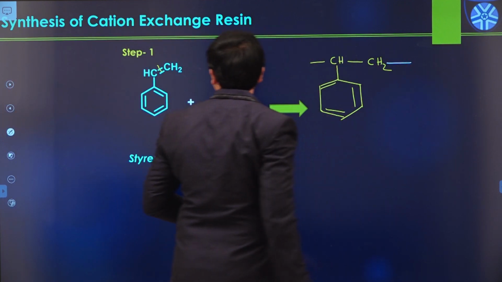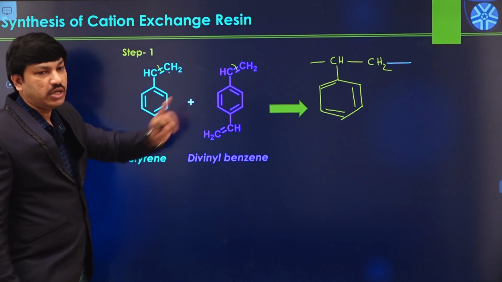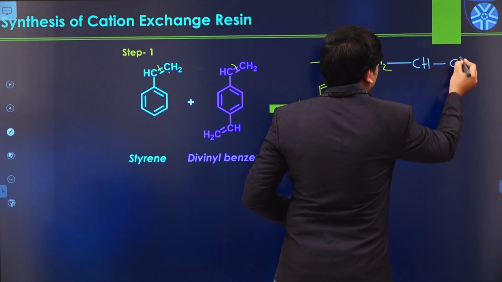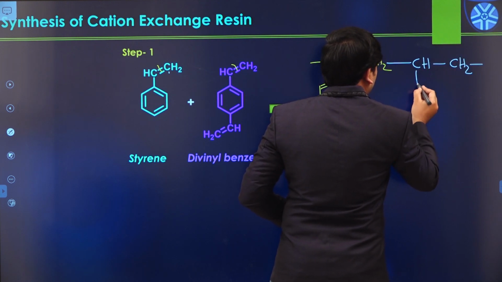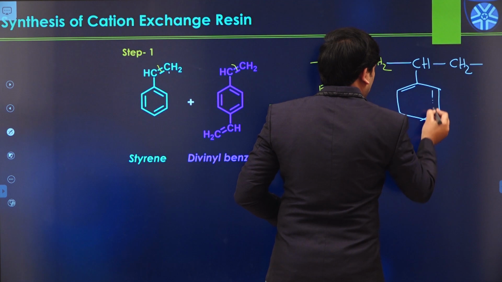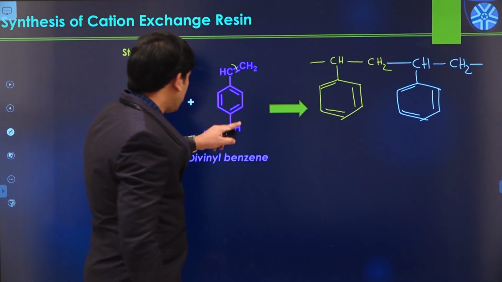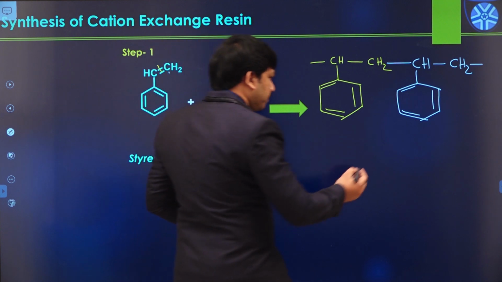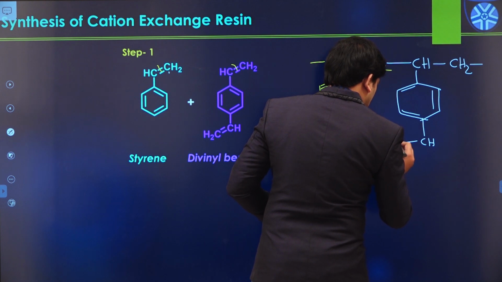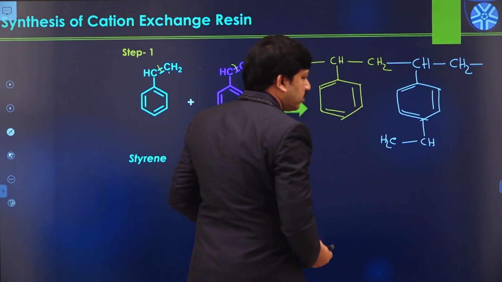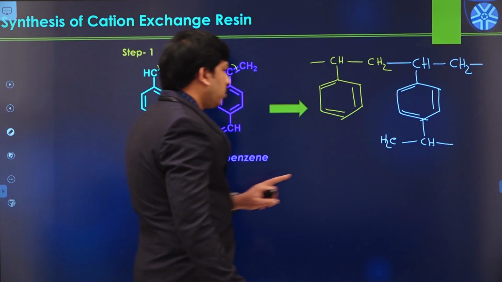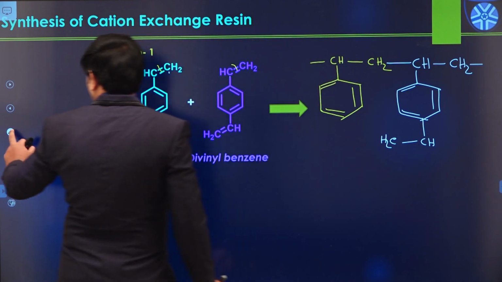Now this is the new bond between this CH2 and this CH, CH single bond CH2. But we still have another vinyl group here. This is a CH unit, and this CH is connected to another styrene molecule.